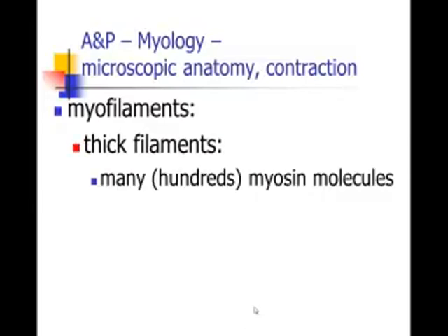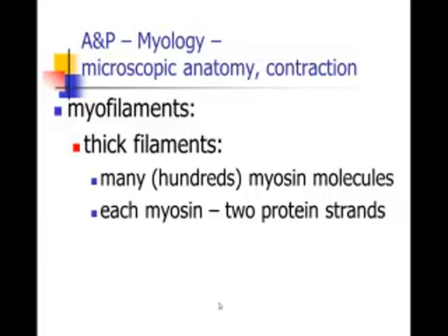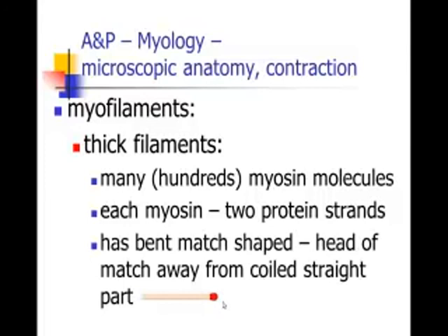Okay, so myofilaments. First we're going to do the thick filaments. Thick filaments are made up of hundreds of myosin molecules, and there are going to be 2 protein strands for each myosin, and the head of the cross bridges are going to be bent. The analogy I like to use is they look a little bit like a match, but they bend at the end with the head.